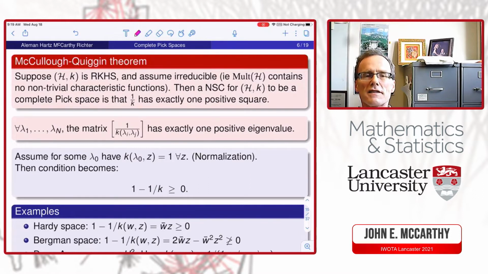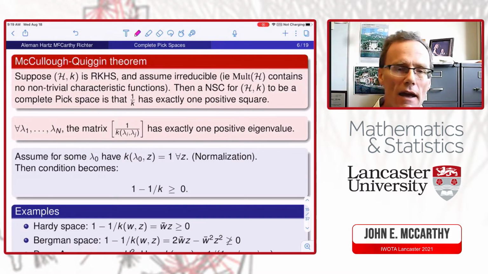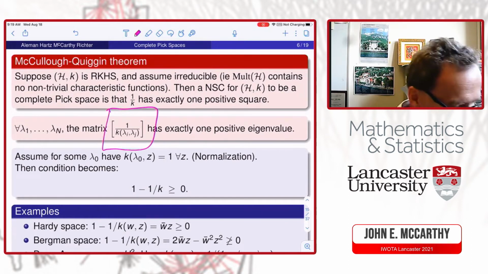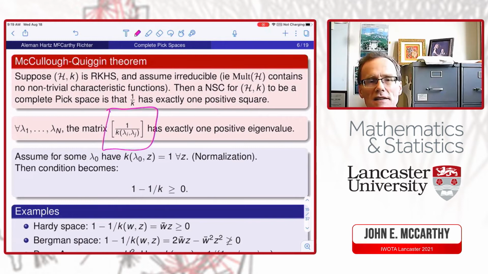The advantage of this, though, is if I take this matrix and I include the point lambda 0 as the first point, then the entire first row and first column are 1s. So if I take the Schur complement with respect to the 1,1 entry, well, clearly the 1,1 entry is positive.